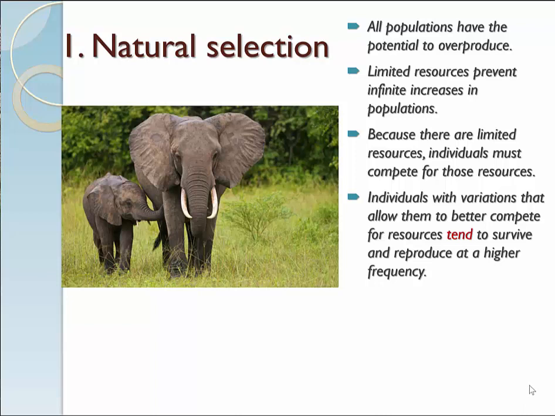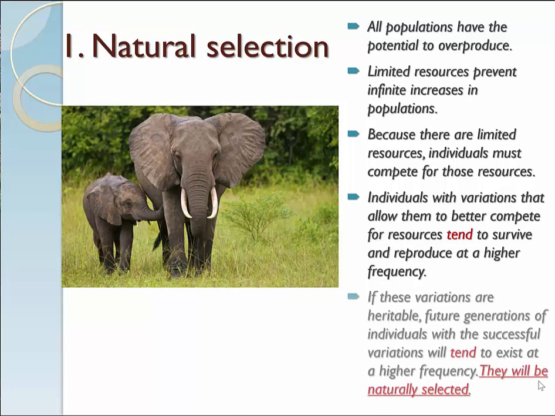And so an elephant with some variations that make them superior at gathering resources might get a bullet in the head, and that would be the end of them, and they wouldn't pass on their genes at a higher frequency to pass on those traits. And if these variations are heritable, future generations of individuals with that successful variation will tend to exist at a higher frequency. And so this all makes sense.